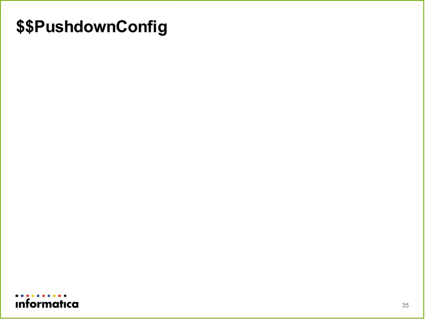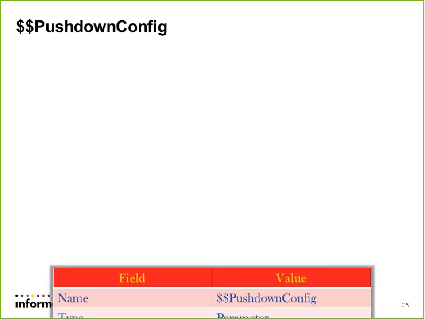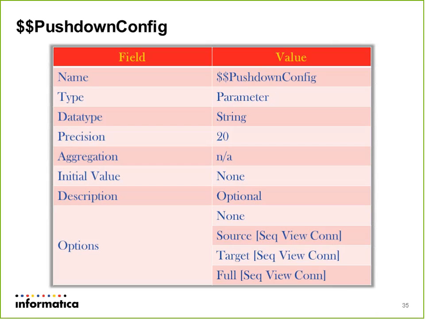Now, depending on the database workload, one might want to use source side, target side, or full pushdown at different times. For example, you might want to use the source side or target side during the day when the database is loaded.